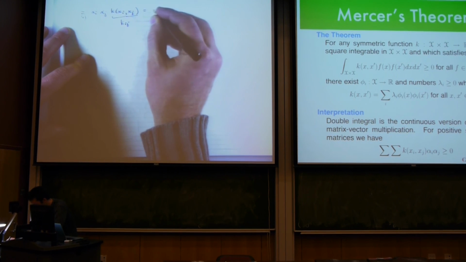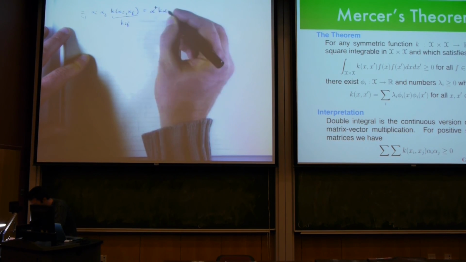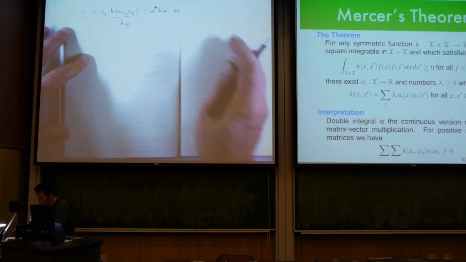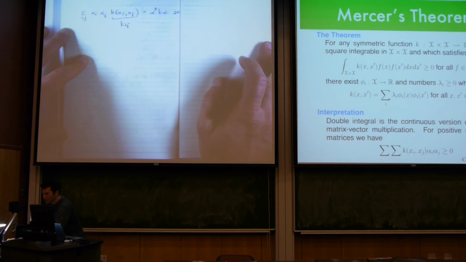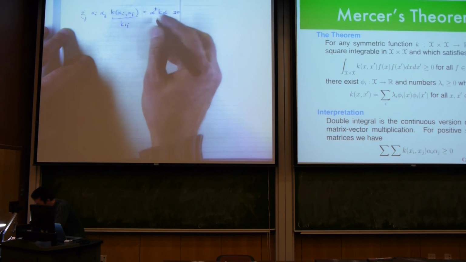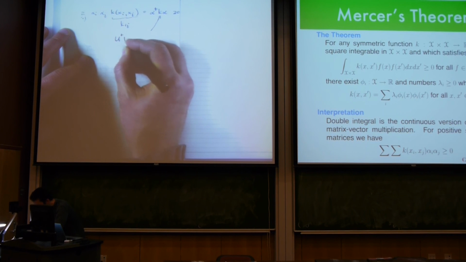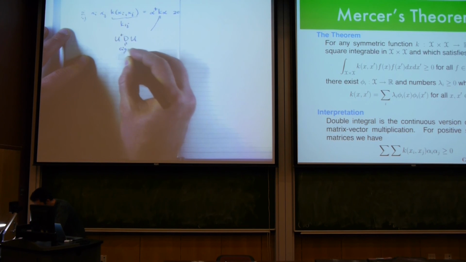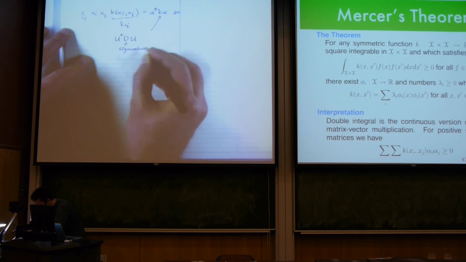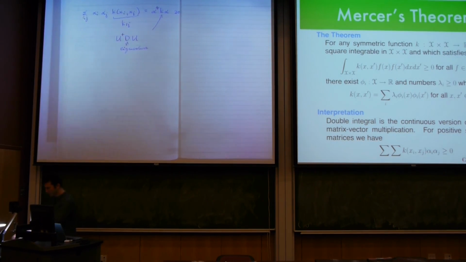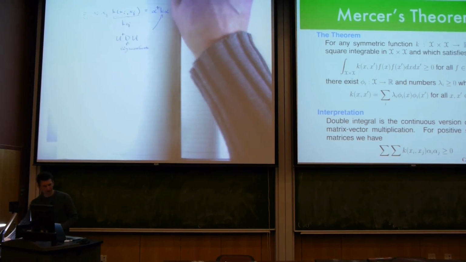So this is nothing else than alpha transposed K alpha. And supposing that this is greater or equal to 0, well, that just means all the eigenvalues have to be greater than 0. And so we know, therefore, that I can write K as U transpose, the eigenvalues going down, and U. What we have over there is just the discrete equivalent.